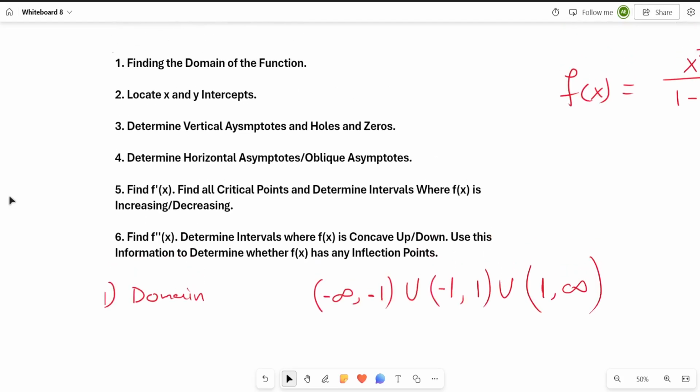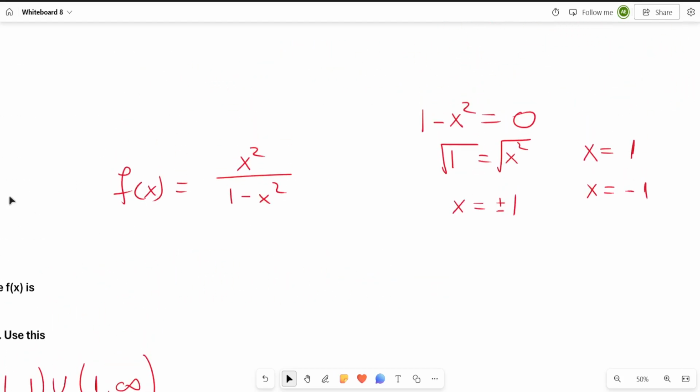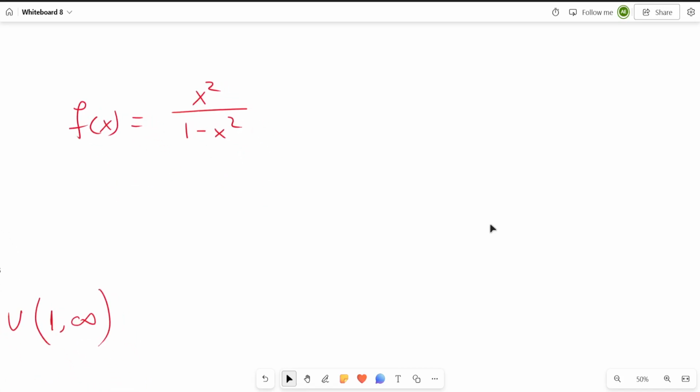Let's take a look at the next step. We want to find the x and the y intercepts. So we can come over here and let's try to find the y intercept first. So I will set my x equal to 0. So f of 0 is going to equal 0 squared over 1 minus 0 squared.